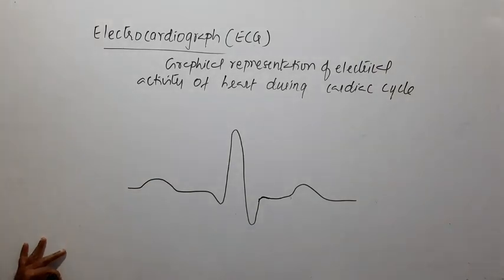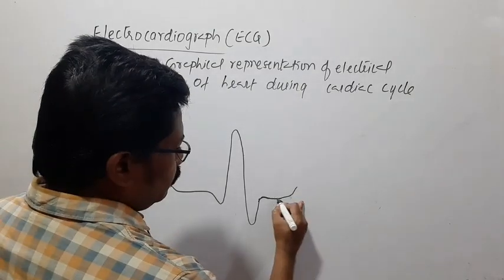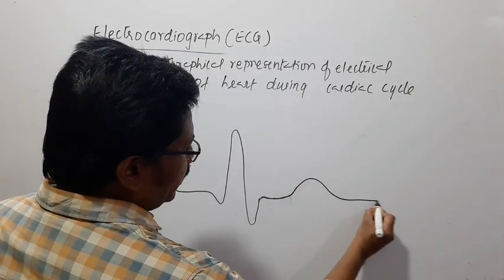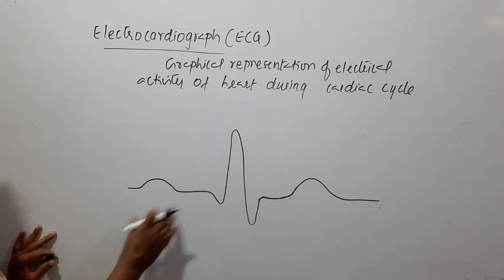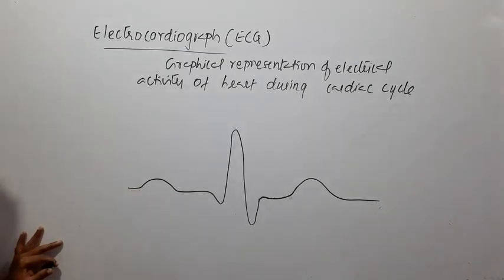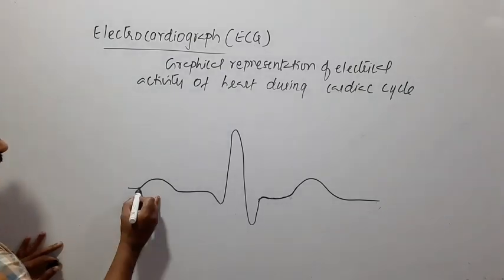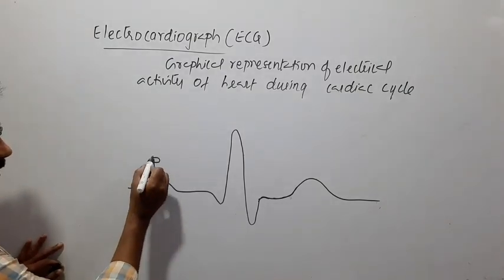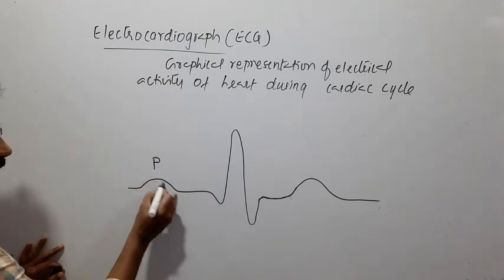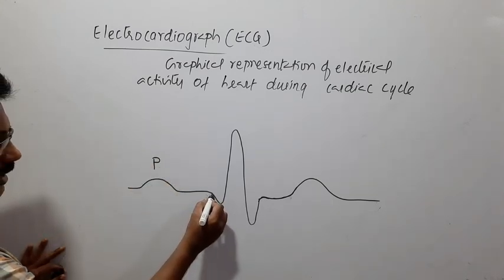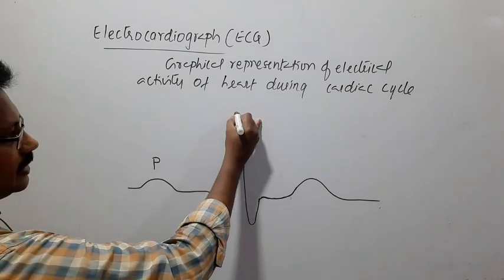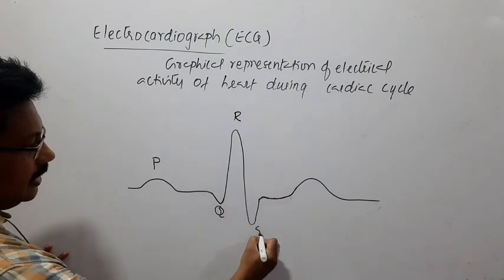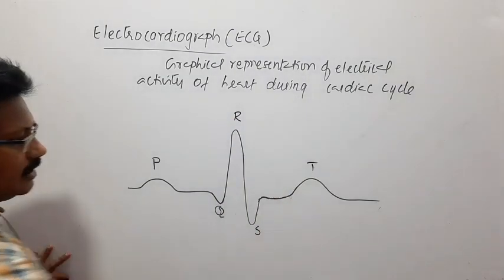So this is how we will be seeing an ECG, and this one shows different peaks, and these peaks will be represented with the alphabet letters from P to T. So this one starting with is the P wave. This peak we call P wave, and here this is the Q, and here it is R, and here it is S, and this is T.